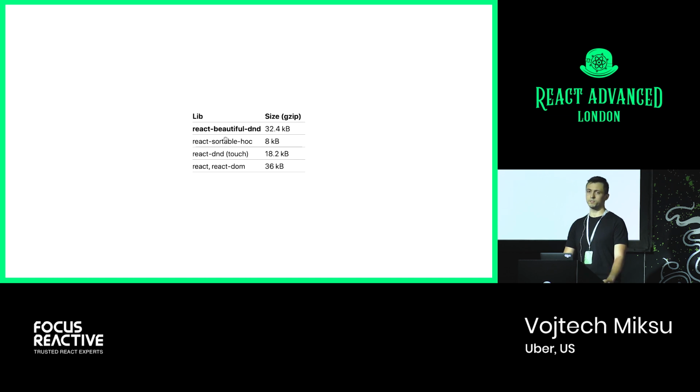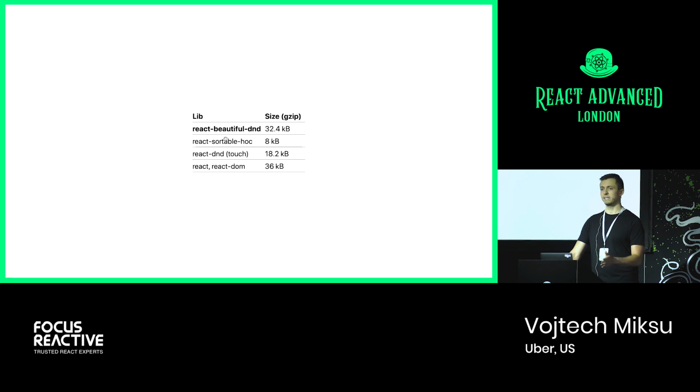And I also have to mention React DND. This library doesn't really focus on lists. It tries to cover all kinds of drag and drop experiences. It also takes a very different approach in terms of implementation. It's using a different set of APIs, and that comes with some limitations, like the support for mobile isn't great.